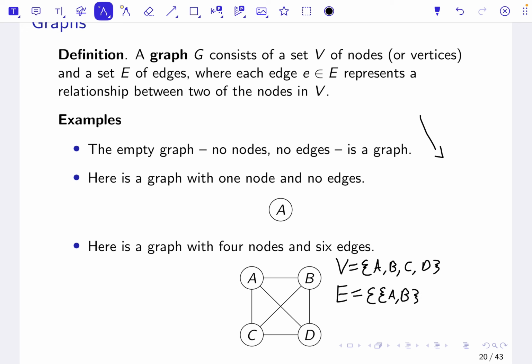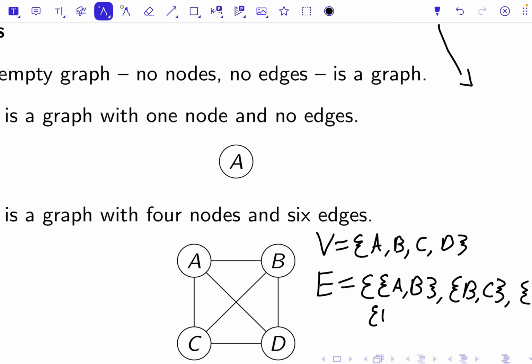So AB is an edge, BC is an edge, CD is an edge. You won't believe this, but DA is an edge.